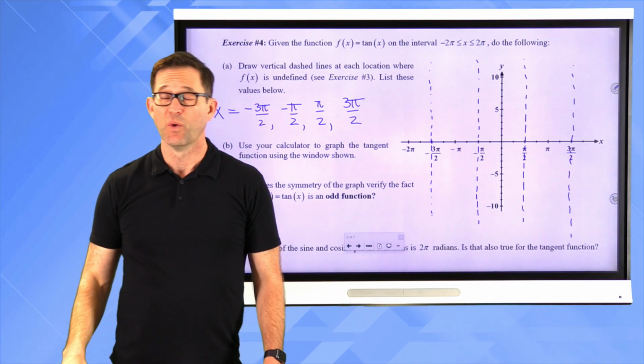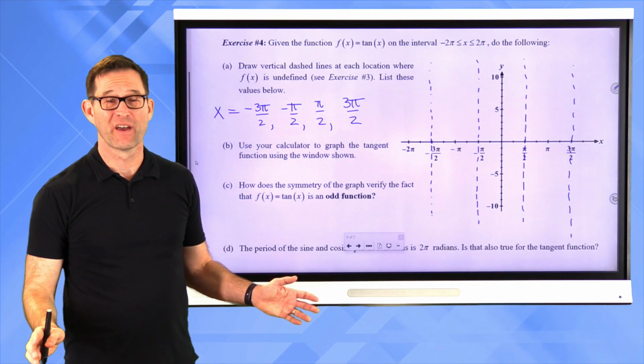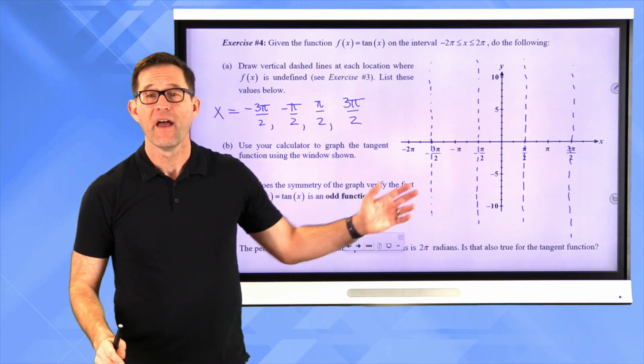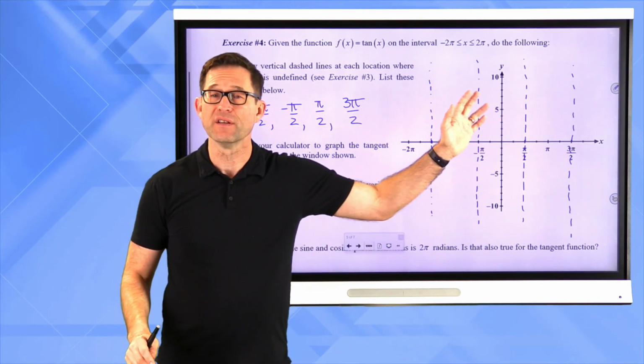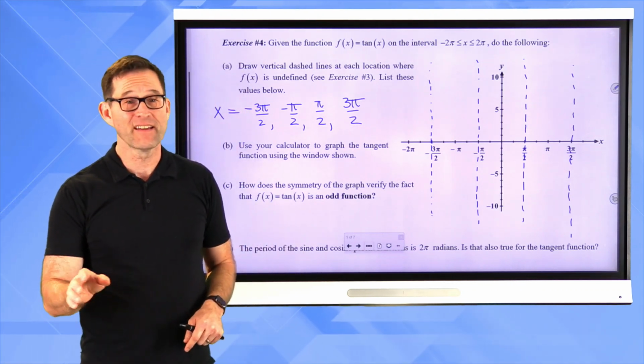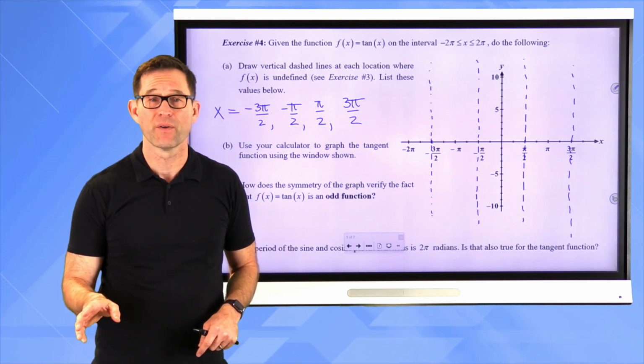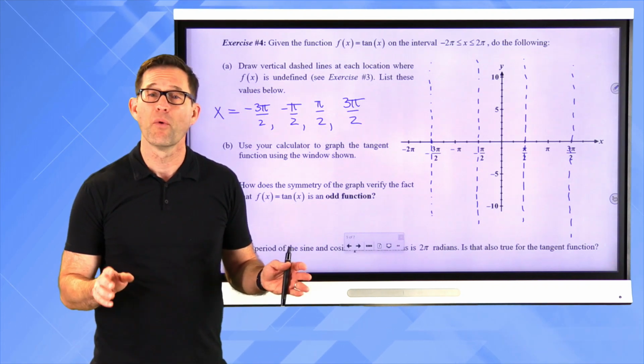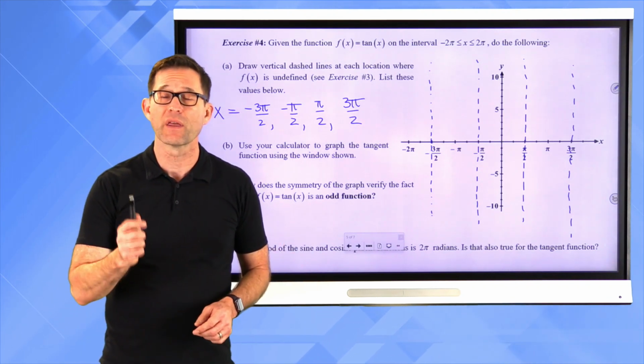Now, whatever happens to tangent, no matter what the graph looks like, as it gets very close to these dashed vertical lines, it's going to go haywire because it can't touch them. It can't have a value there, all right? And we expect it to look more and more like those vertical lines as we get closer to it.